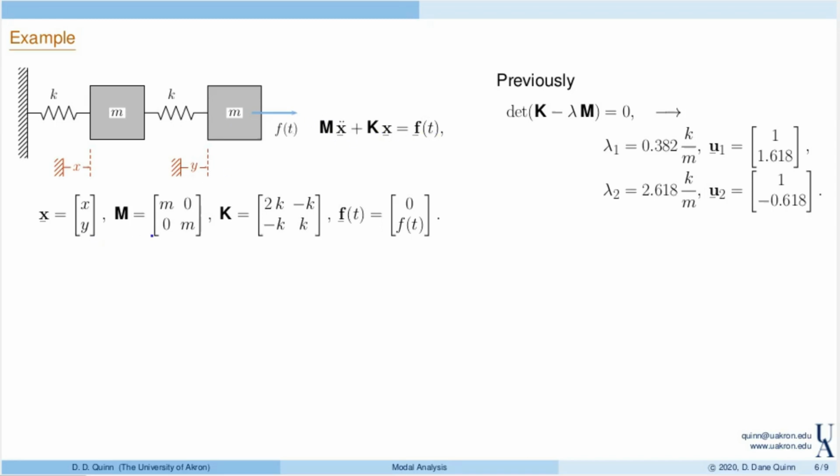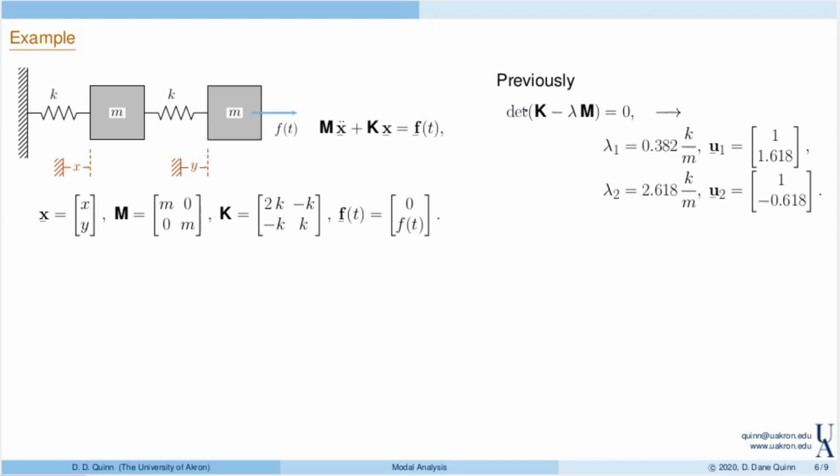M is the mass matrix, given here. x is the coordinate vector, and we'll take the first element as the displacement of block 1 and the second element as the displacement of block 2. The stiffness matrix is given, and the forcing term is 0 applied to the first equation and f of t on the second.